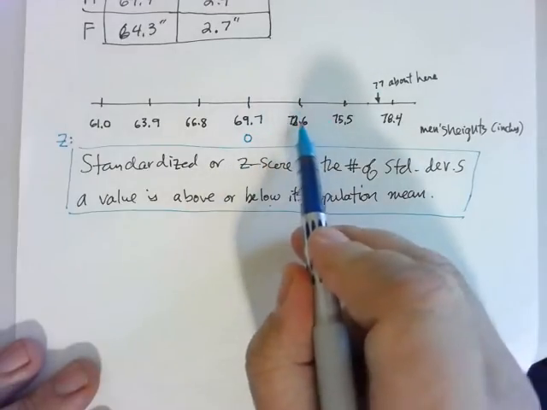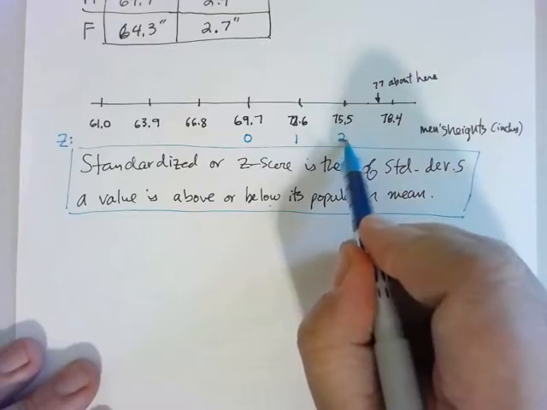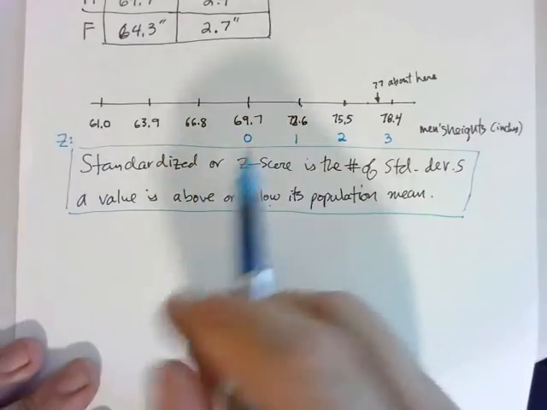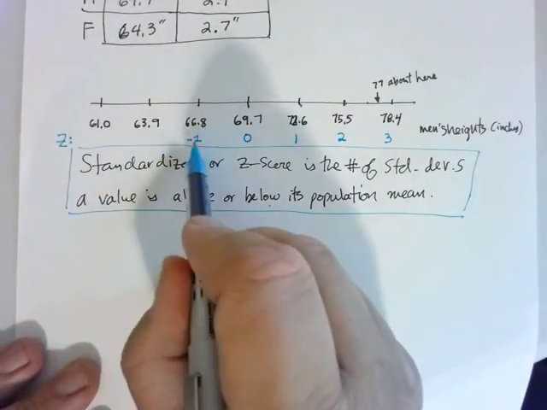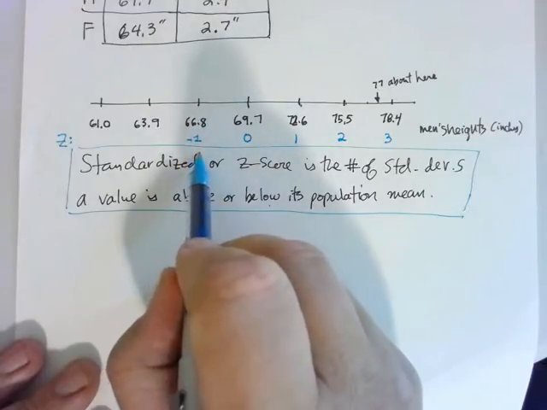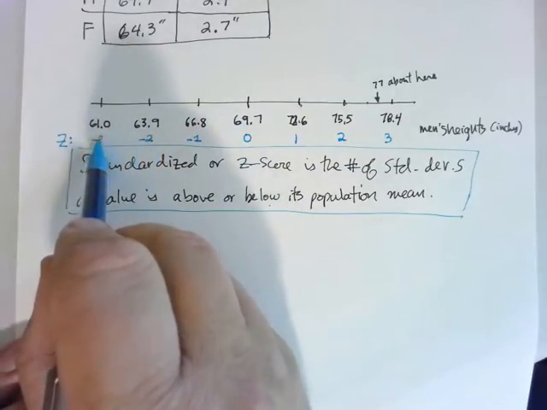If you're 1 standard deviation above, your z-score is 1, and likewise 2 or 3. If you're below the mean, you have a negative z-score. So this value here, 66.8 inches, would have a z-score of -1. It's exactly 1 standard deviation below the population mean. This would have a z-score of -2. This would have a z-score of -3.